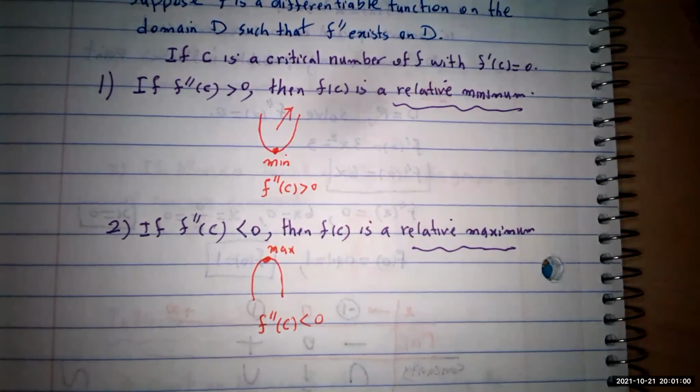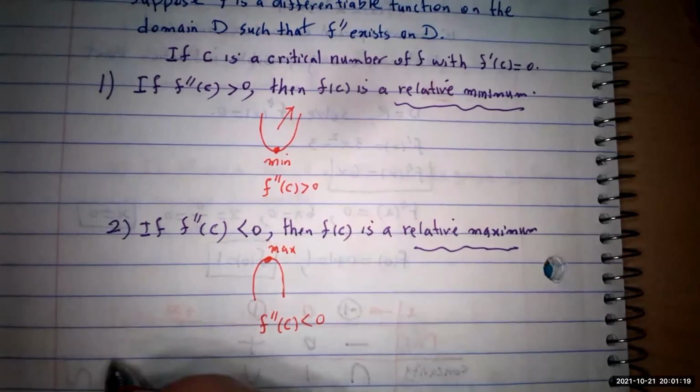Very easy test to get these numbers. No chart is needed because it's just a substitution. Any question? There is a third possibility: you find f double prime of c, and it is 0.